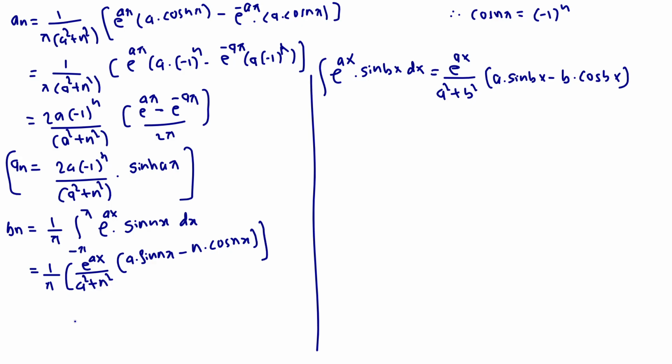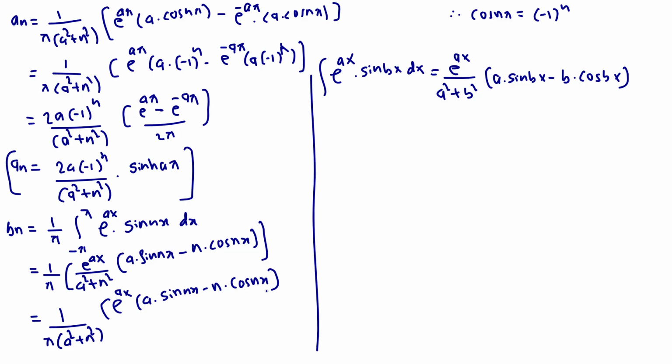So again same, 1 upon pi a square plus n square you can take outside. So in bracket you will get e raised to ax into a sin nx minus n cos nx. So now what you have to do, you have to just integrate this term.